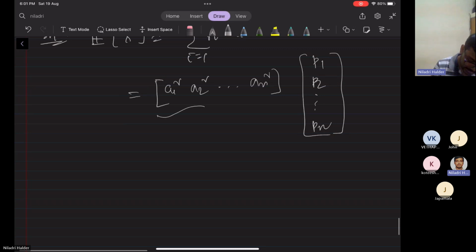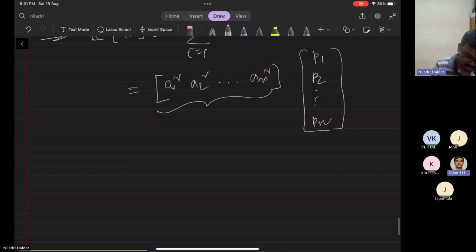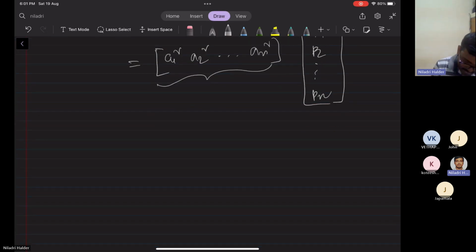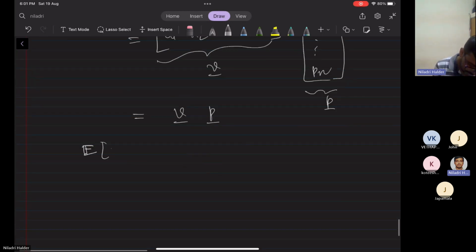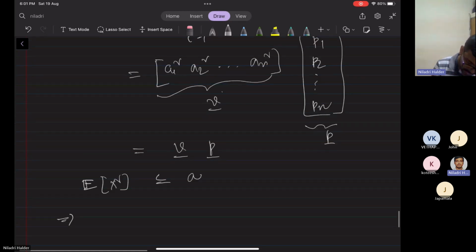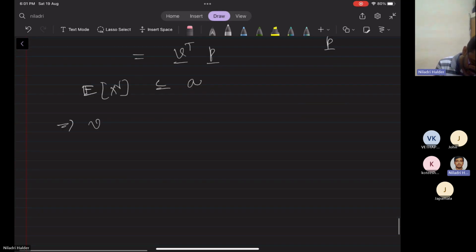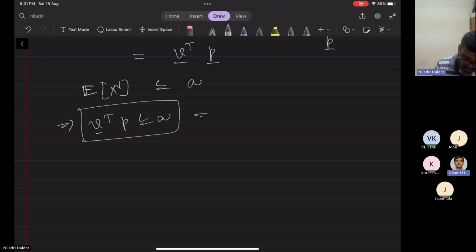So this can be taken as another vector. Let us take this other vector as some v vector. So this is v into p, where this is the p vector. Now expectation of x square is less than or equal to some a. So suppose this is v transpose, that means v transpose p is less than or equal to a. So this is the equation of a half space. So that's why.